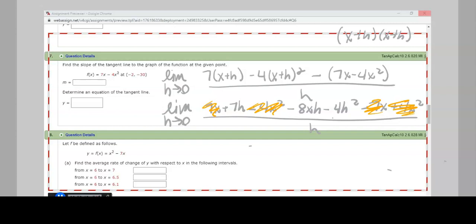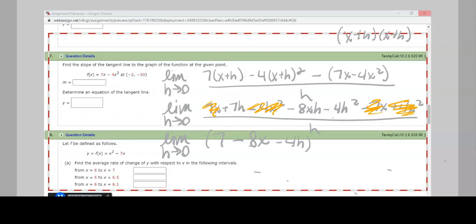Everything left has an h. So we're going to take the limit as h approaches 0 of, reduce this one, the 7h over h is 7. The negative 8xh over h is just a negative 8x. And the negative 4h squared over h becomes a negative 4h.